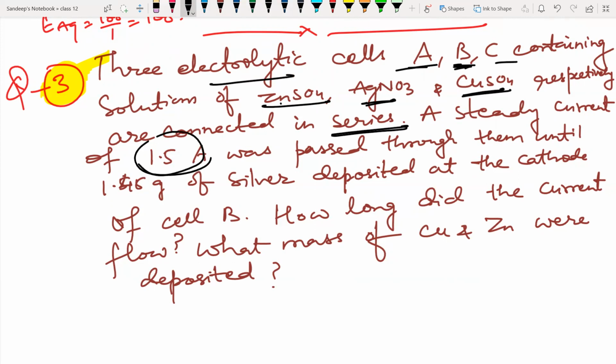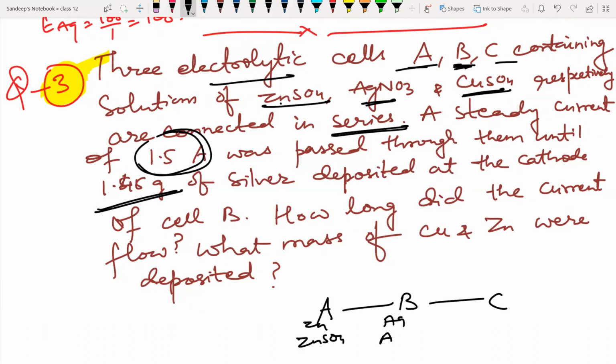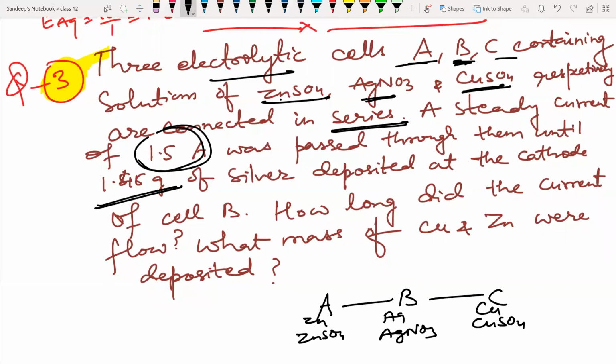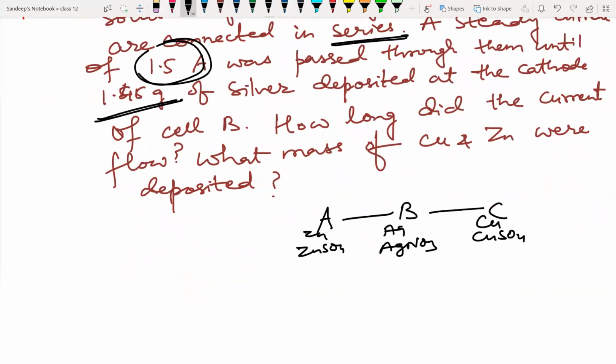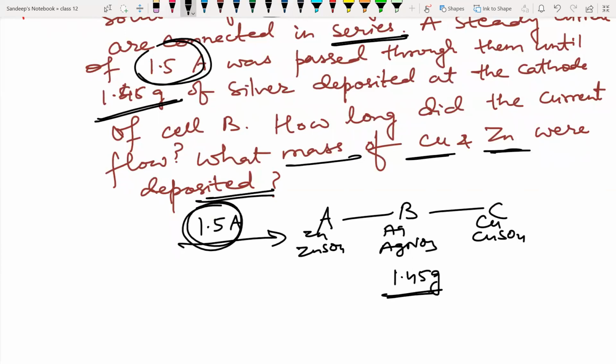A steady current of 1.5 ampere is passed through them until 1.45 gram of silver is deposited. Now, the same current is passed through all of them. So we don't know for how much time the current is passed. So we have to find out the mass of copper and zinc deposited, as well as how long the current flowed.